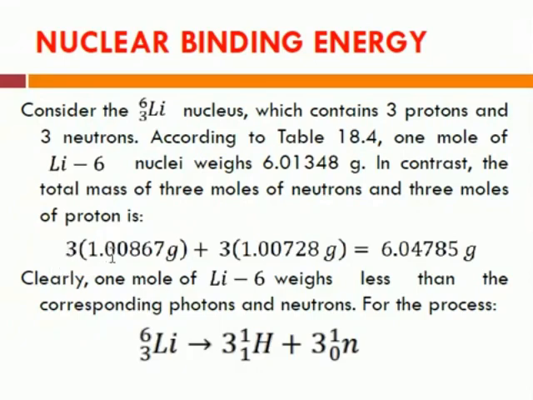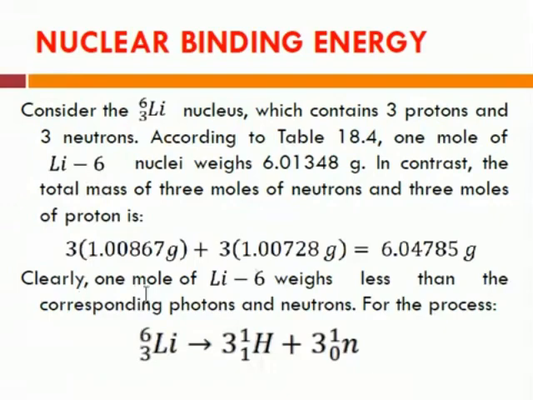So we have 3 times 1.00867, plus 3 times 1.00728. So that is equal to 6.04785 grams. So comparing the masses, lithium-6 is 6.01348 and this one is 6.04785. So this is bigger compared to the nuclear mass of lithium-6.